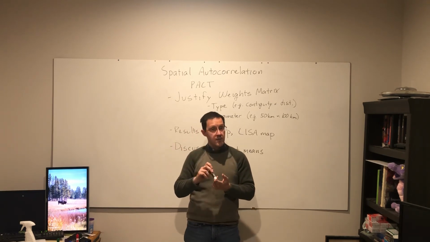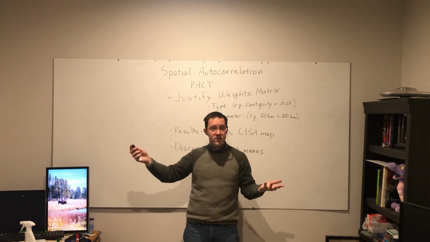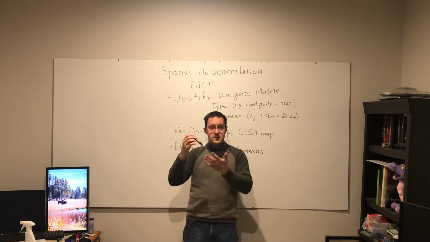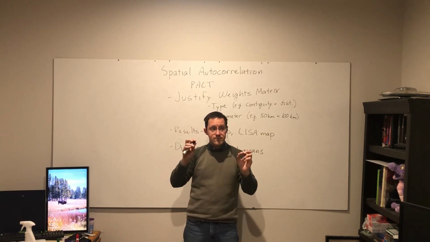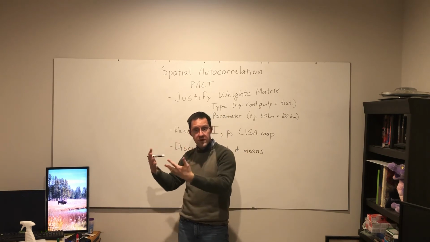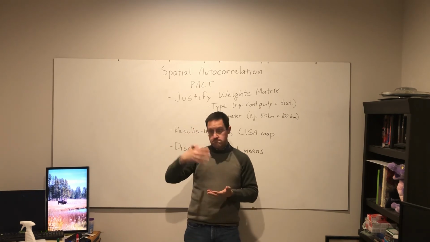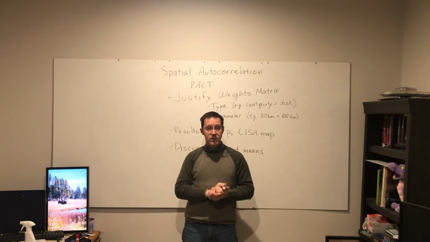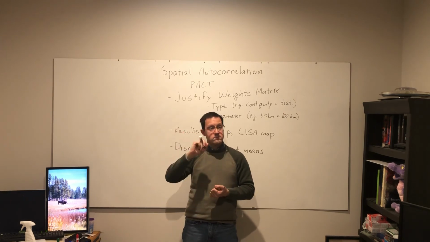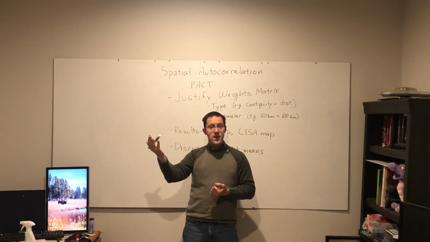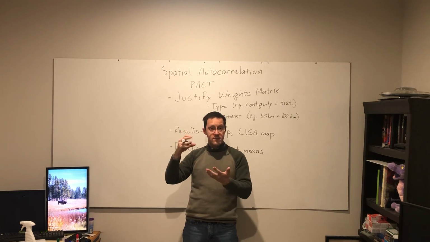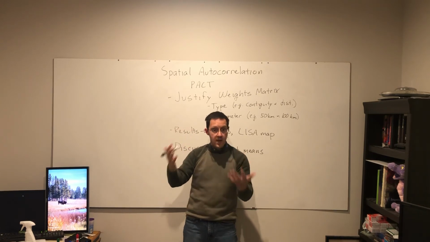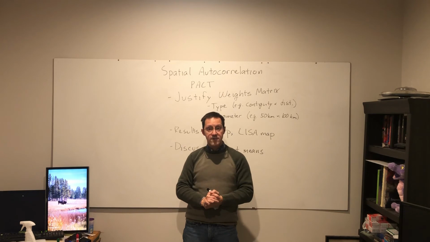It's not a commonly used technique outside geography. And so, even if you are working with somebody who may know their way around a regression result, may know their way around ANOVA, they may not know what it means to have a significantly positive I value.